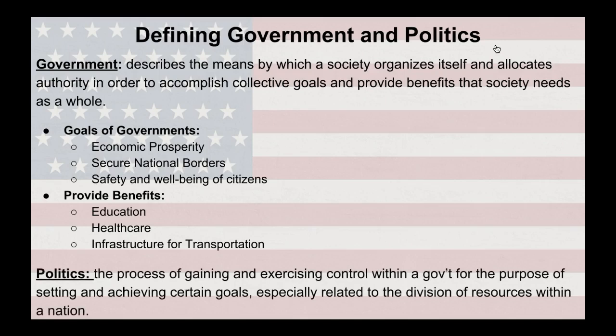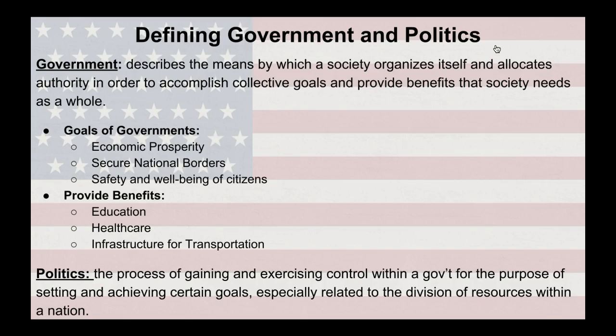If we look at politics, politics and government are interrelated, and politics is the process of gaining and exercising control within a government for the purpose of setting and achieving certain goals. And so you must have a government in order to exercise politics, because politics is essentially allocating control over the government in order to achieve certain things, especially things that are related to the division of resources within a nation.